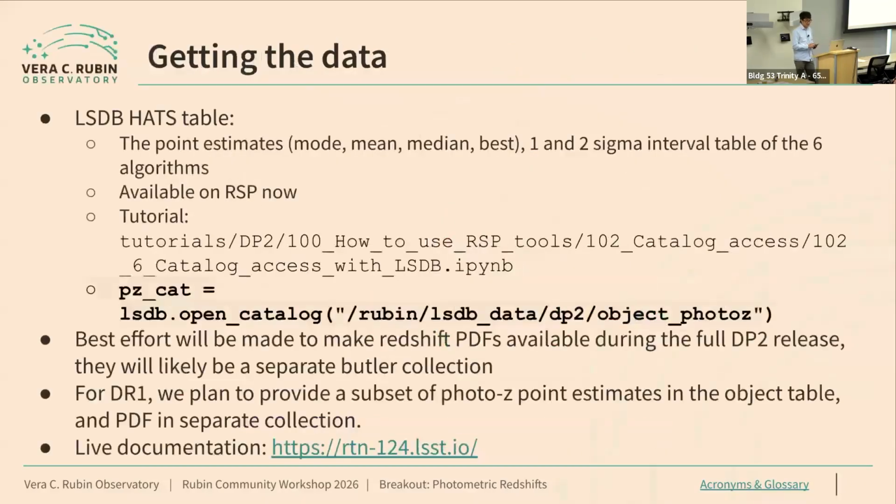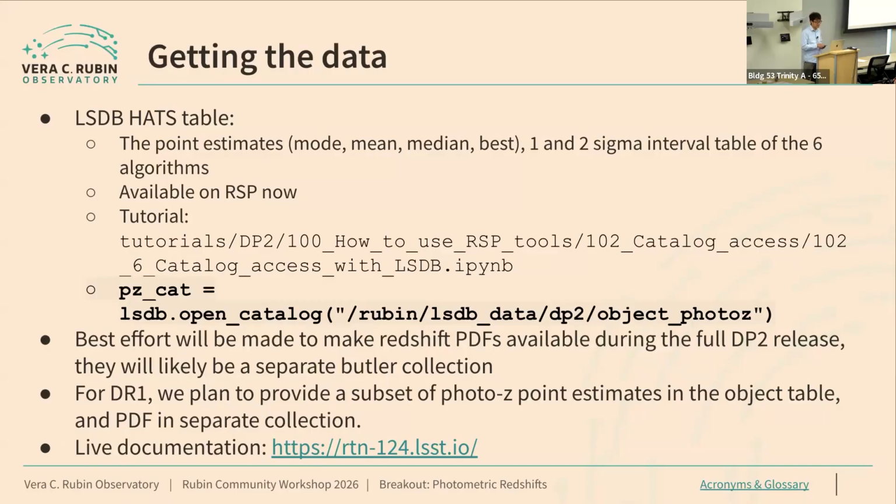Okay, so this is my last slide, and probably what you care about, getting the data. Currently the DP2 Photo Z is available in LSDB HATS format. We curate the PDF output into 4 point estimates, the mode, mean, median, and the best, and also the 1 and 2 sigma interval into a tabular form.